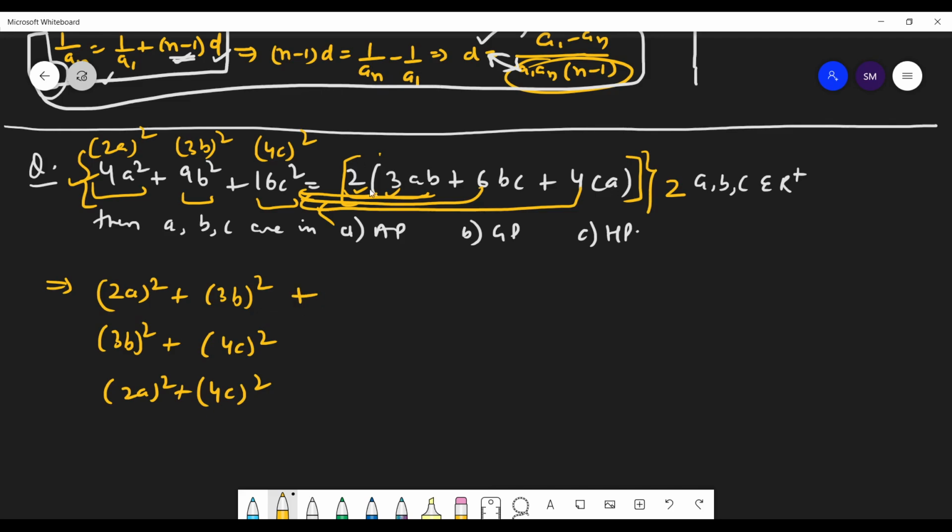And now see here also this side, 2 is multiplied with all of them. So here you get 2 into 3ab, right, plus bc. So 2 into 6 into bc. Is it going to work here?